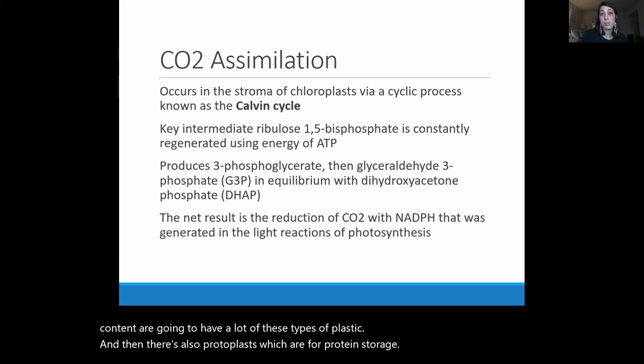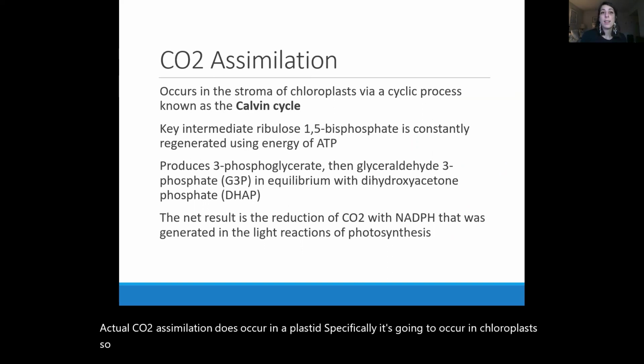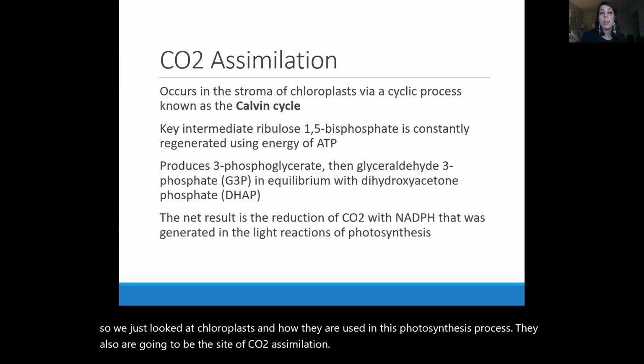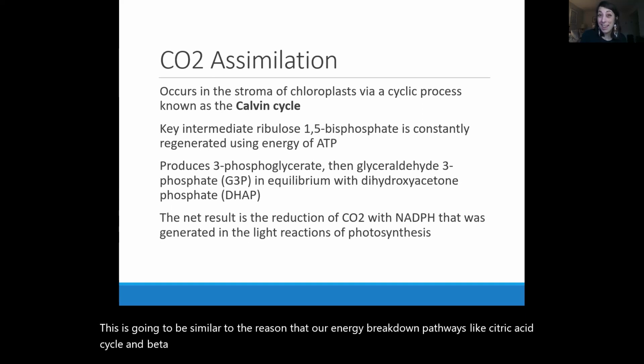Actual CO2 assimilation does occur in a plastid. Specifically, it's going to occur in chloroplasts. So we just looked at chloroplasts and how they are used in this photosynthesis process. They also are going to be the site of CO2 assimilation. This is going to be similar to the reason that our energy breakdown pathways like citric acid cycle and beta oxidation take place inside the mitochondria right next to the electron transport chain.